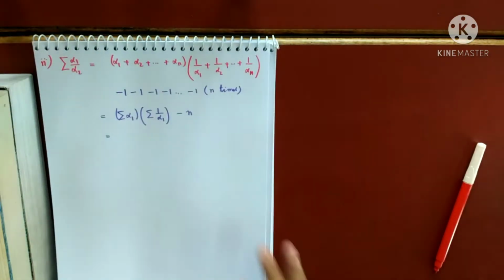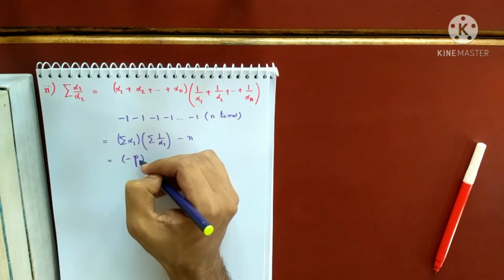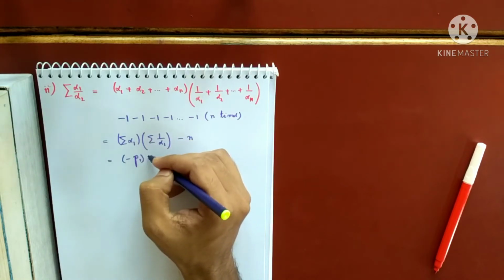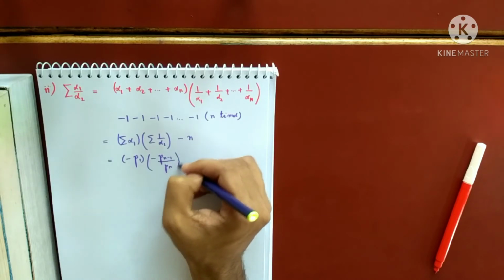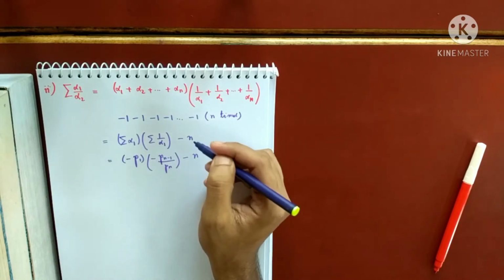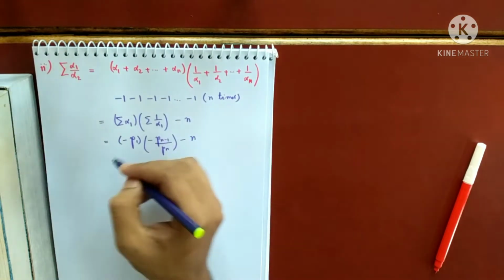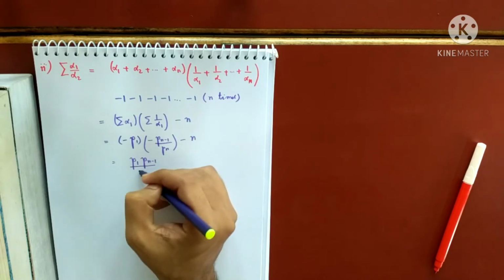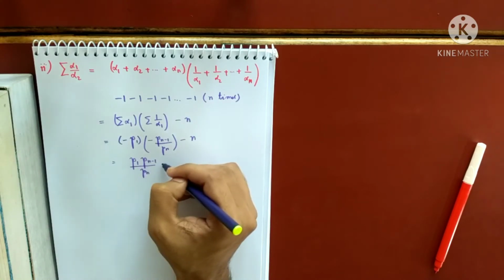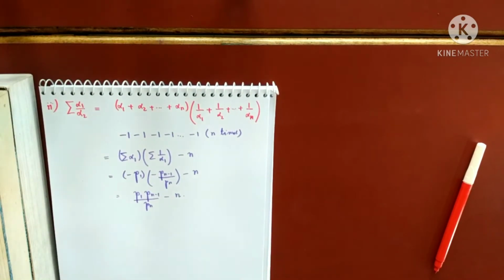So this is nothing but minus p1 times minus pn minus 1 by pn, and minus n. So what is my answer? This is my answer: p1 pn minus 1 by pn minus n.